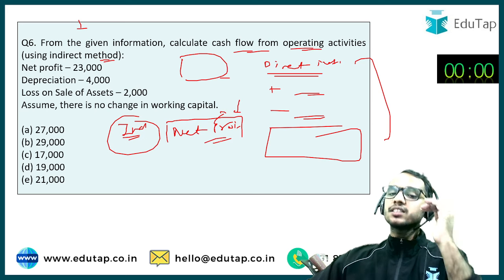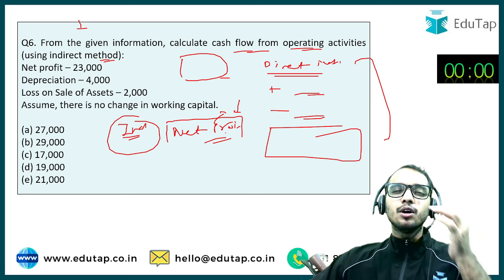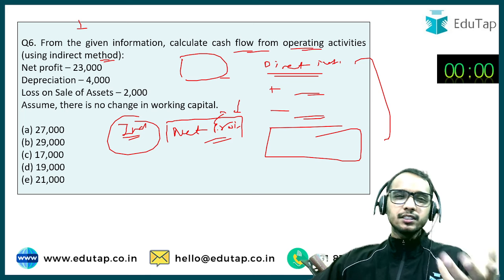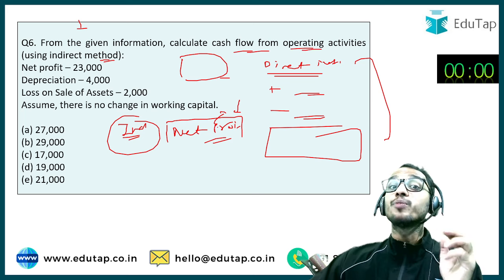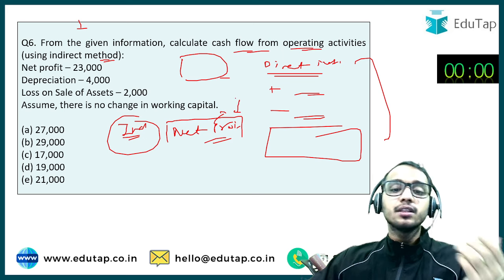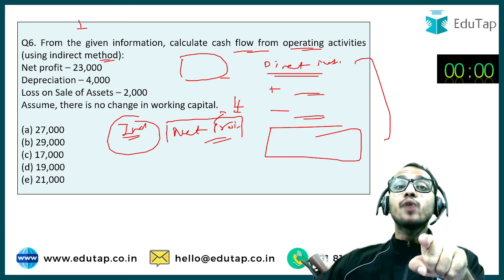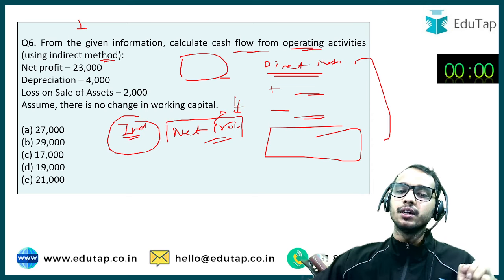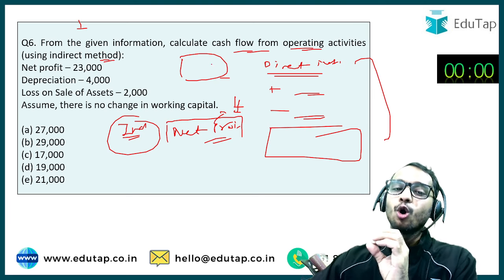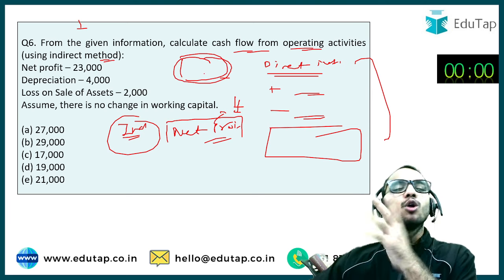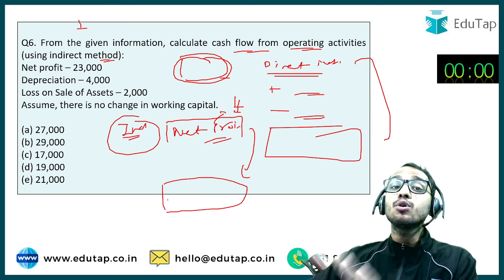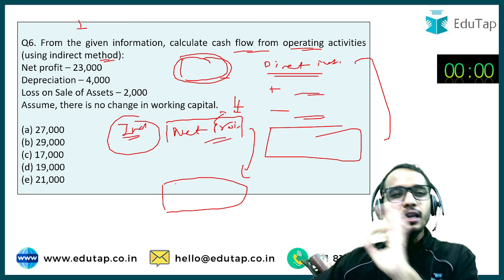So in this net profit, you also have your non-cash expenses, non-operating expenses, or you can say non-cash and non-operating incomes as well. They are included in this net profit. But you need to calculate the cash flow from operating activities only. So you have to adjust all those non-operating and non-cash items to get to the amount which is your net cash flow only from operating activities.